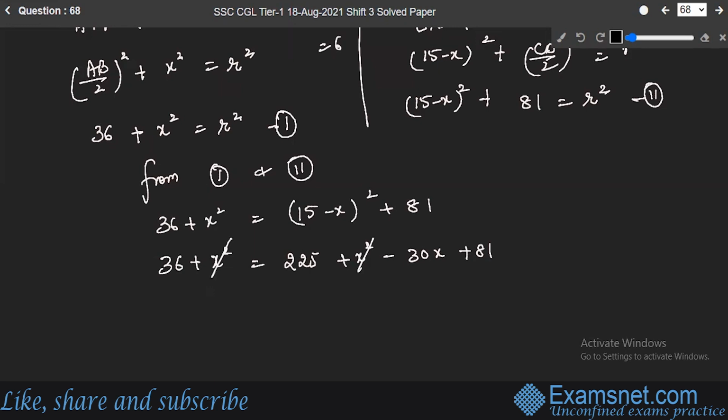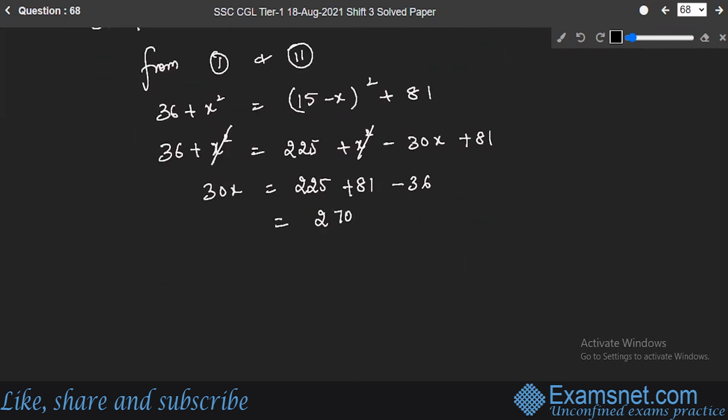X square will cancel. You have 30X is equal to 225 plus 81 minus 36, which will be a total of 270. So from here, you will have X is equal to 9.